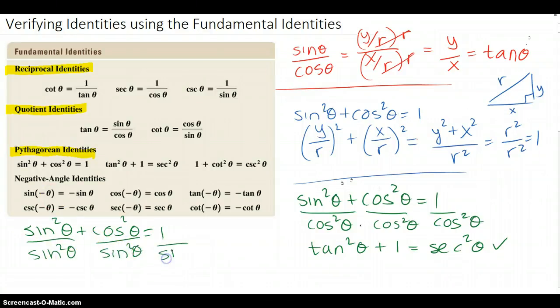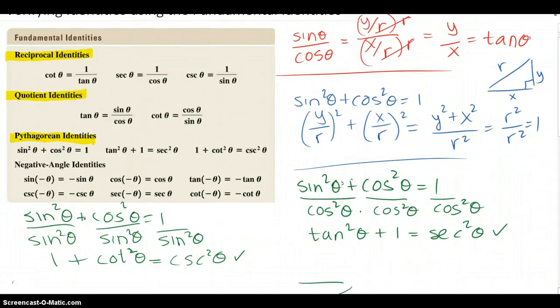You sure do, because this would be 1 plus cosine over sine, which we learned was cotangent, so this would be cotangent squared. 1 over sine is cosecant, so this is cosecant squared. So that gives me the third one. The negative angle identities we won't be going over in this video.